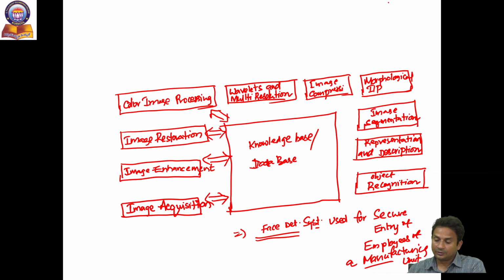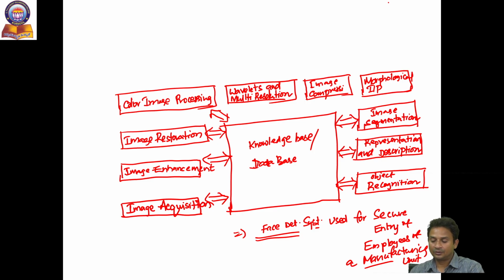So we'll be doing all these processes, and then we will do what is called segmentation, just to separate only the facial part of the person entering the premises. Then the representation and description steps will be carried out, and finally object recognition will be done. Object recognition means assigning the labels and performing some kind of matching algorithm, so that if the person trying to enter the premises is available in the database, then the system will automatically open the door, and the person can enter.